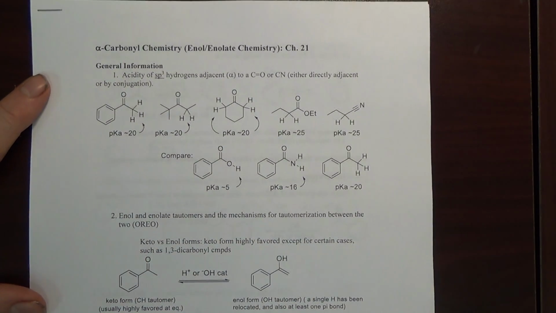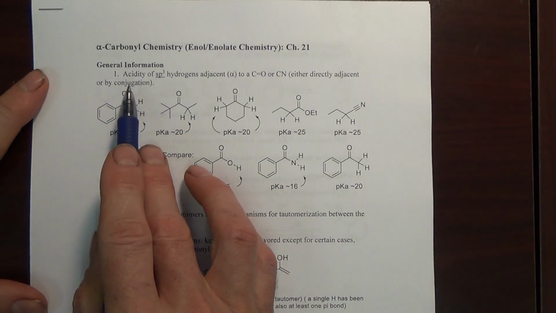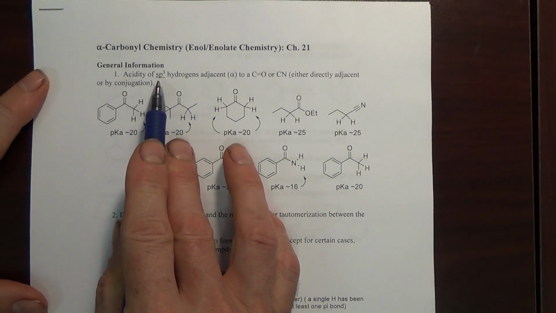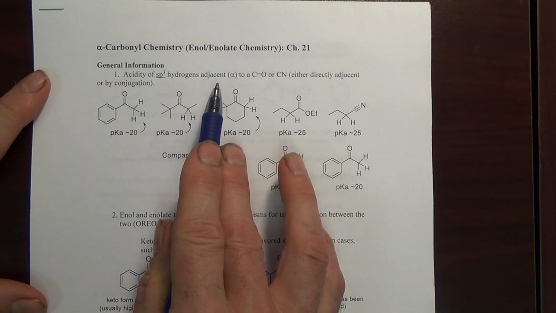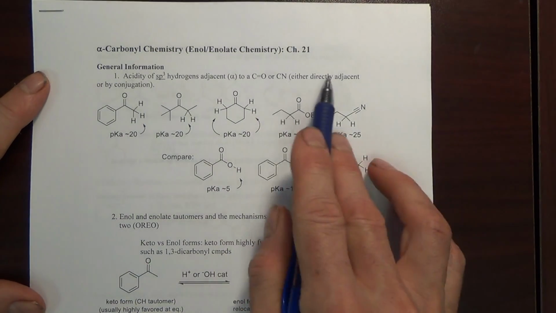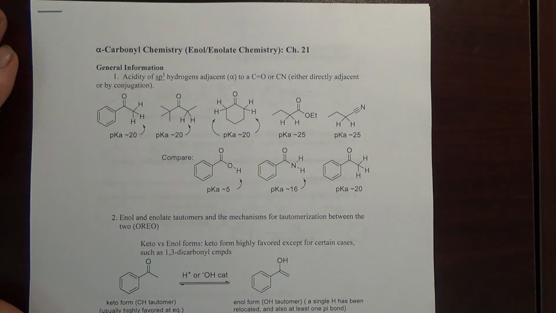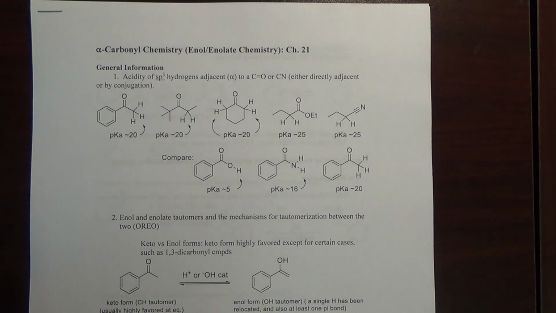Okay, the first thing we want to look at is some general information regarding acidity of the sp3 CHs adjacent to a carbonyl or nitrile group. Now this can be either directly adjacent or sort of adjacent via conjugation.